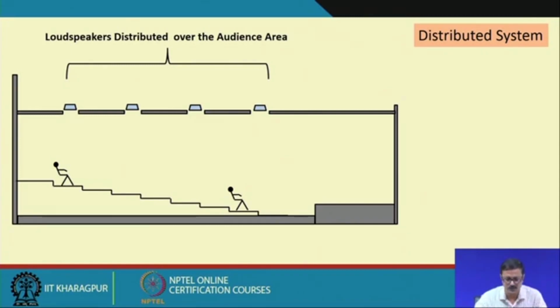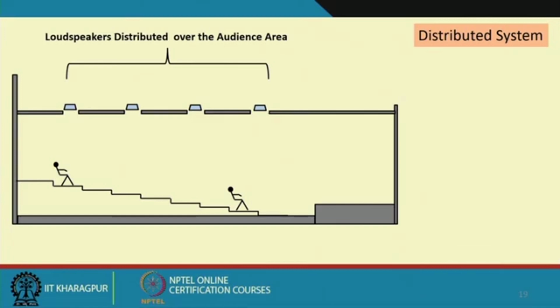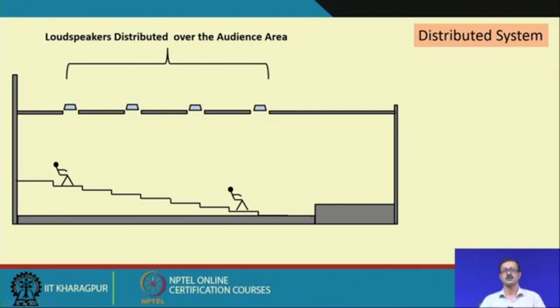drawn a sectional view of a particular auditorium where the ceiling is very low. A central cluster can give you this x and y mismatch, where the y by x ratio is more than 2. So, it is better to go for a distributed system.